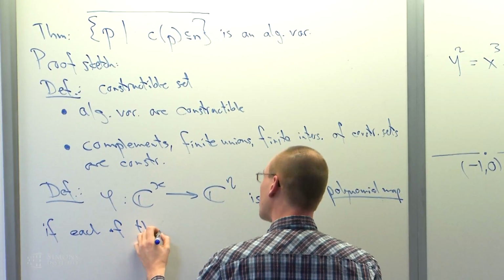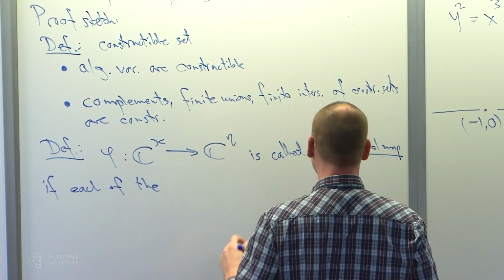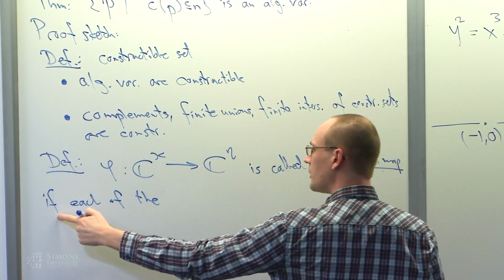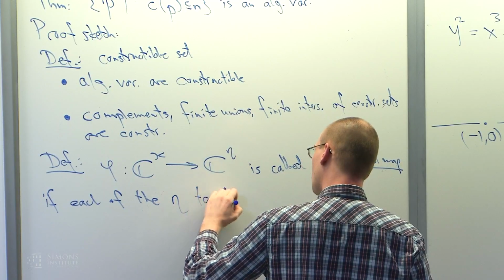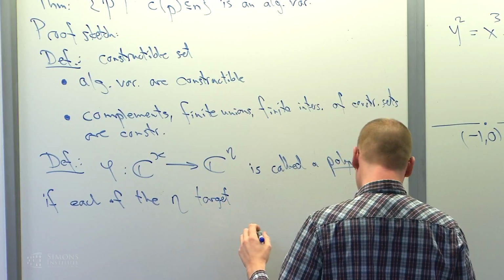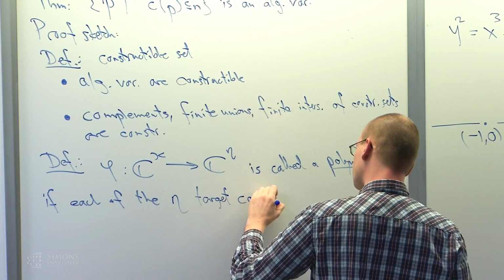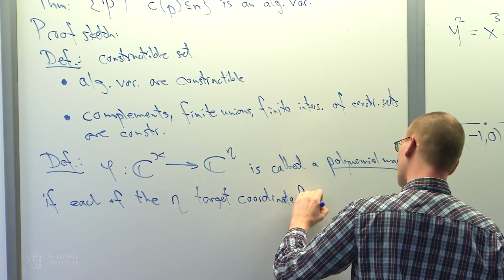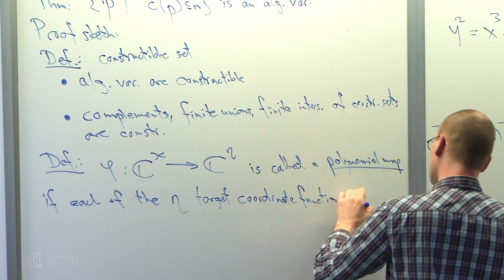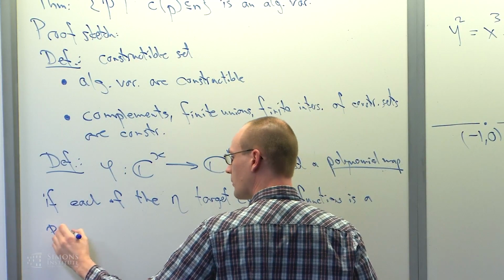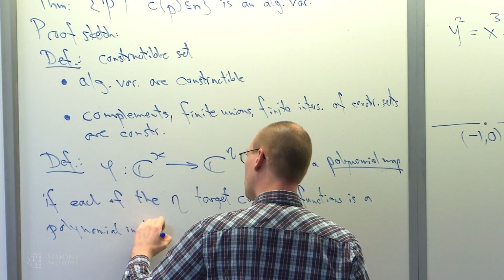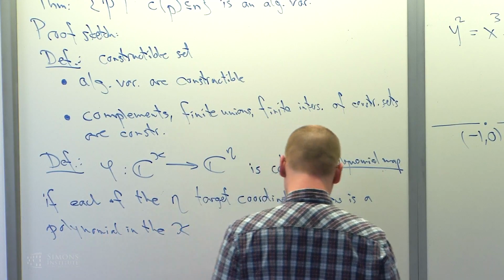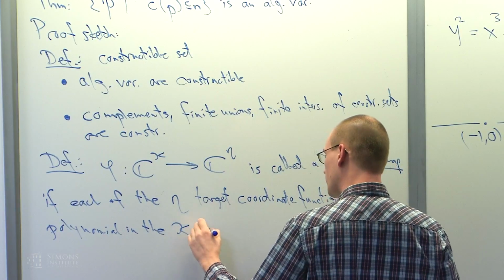And now we will find that our sets here will have this structure: they will be the image of a polynomial map. So each of the eta target coordinate functions is a polynomial in the kappa input coordinates.